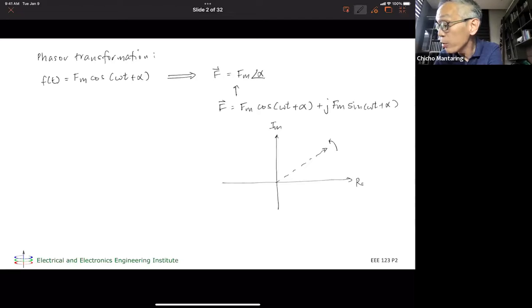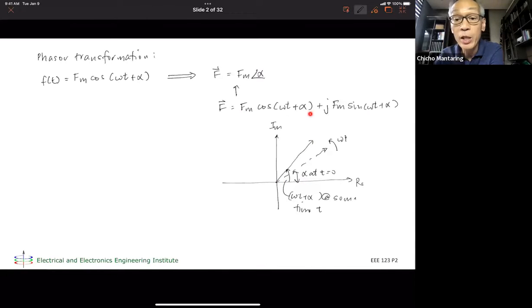Kung ito umiikot at an angle omega t, okay, so initially this is alpha at t equal to 0, this becomes omega t plus alpha at some time t. And if you take a look at the real component of that, itong real component yan would be f of m cosine omega t plus alpha.